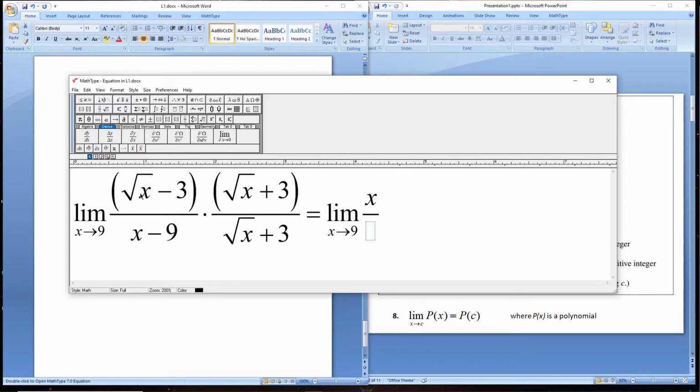Now we're going to have square root of x times 3. So that would be plus 3 square root of x. And then we'll do minus 3 times square root of x. And of course, those will subtract out. And then finally, minus 3 times positive 3 to get us then a minus 9.